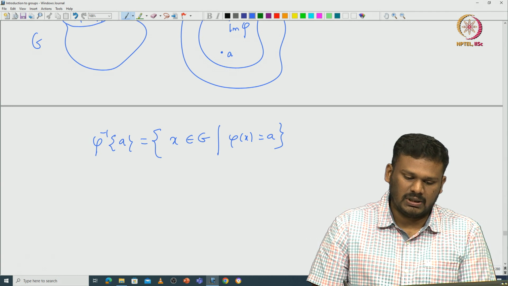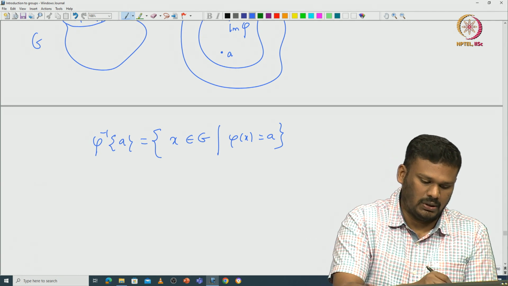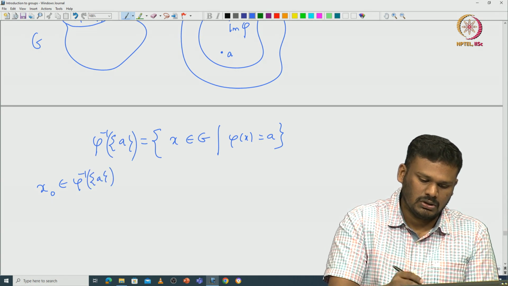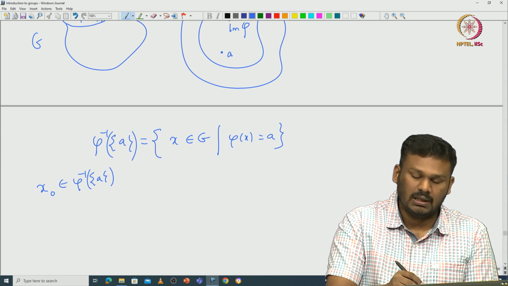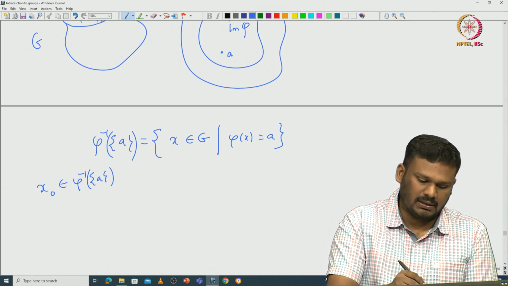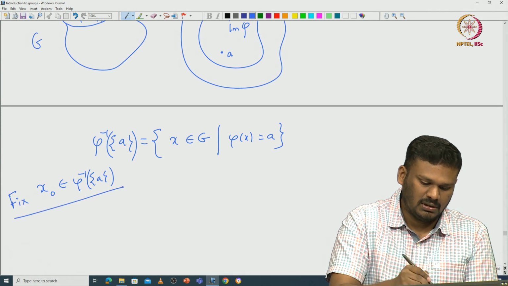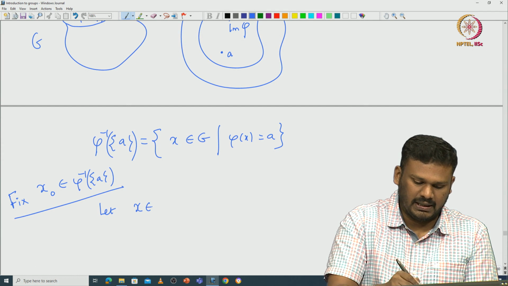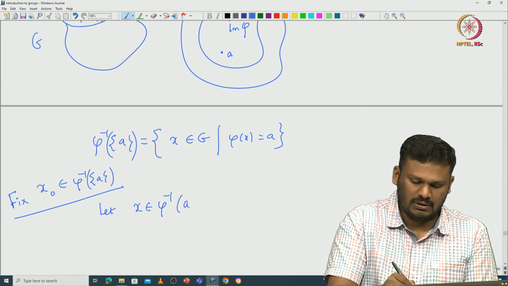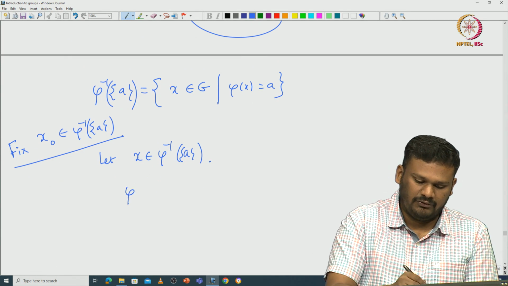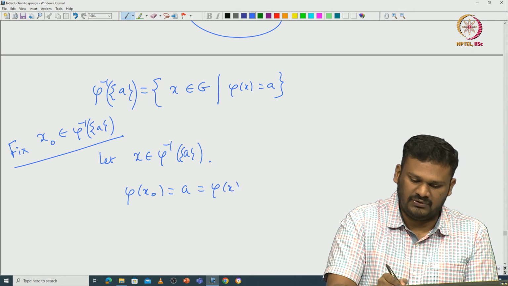Let us fix one such X, call it X naught, which is inside phi inverse of A. Now take some other x inside phi inverse of this A. Then phi x naught is the same as A and then the same as phi x.